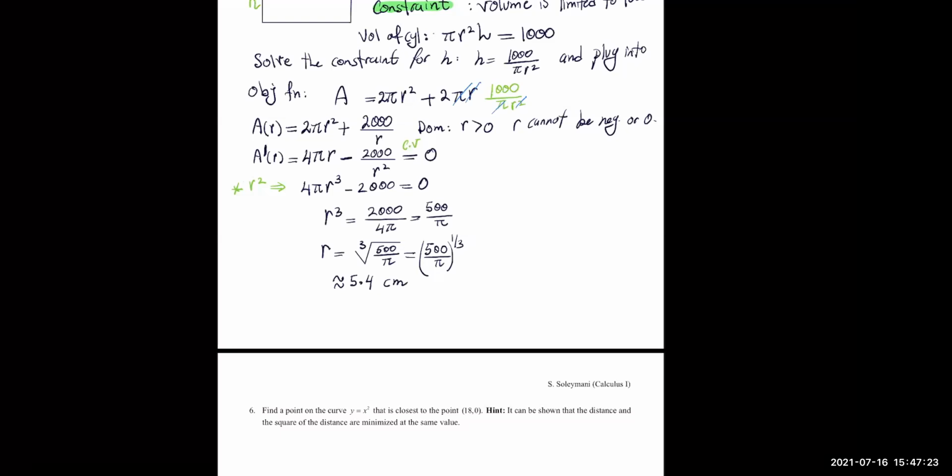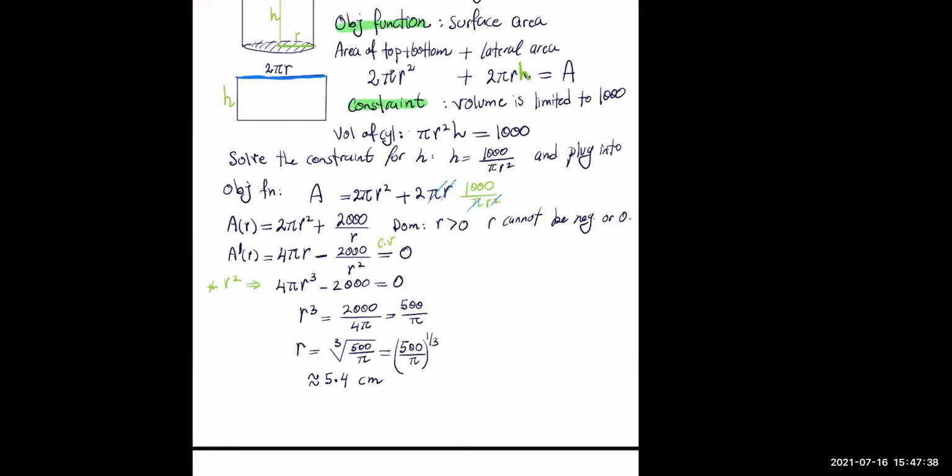Okay, now, the thing is that we need to show that our function has a minimum at this point, okay? That's what you need to do. Show that this is minimum. All right, so guys, for all the problems, I have been plugging endpoints and the critical value.